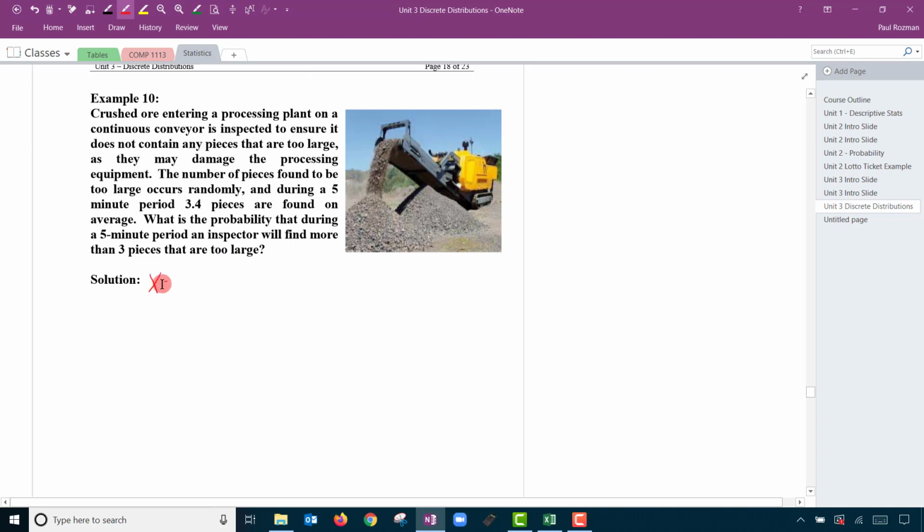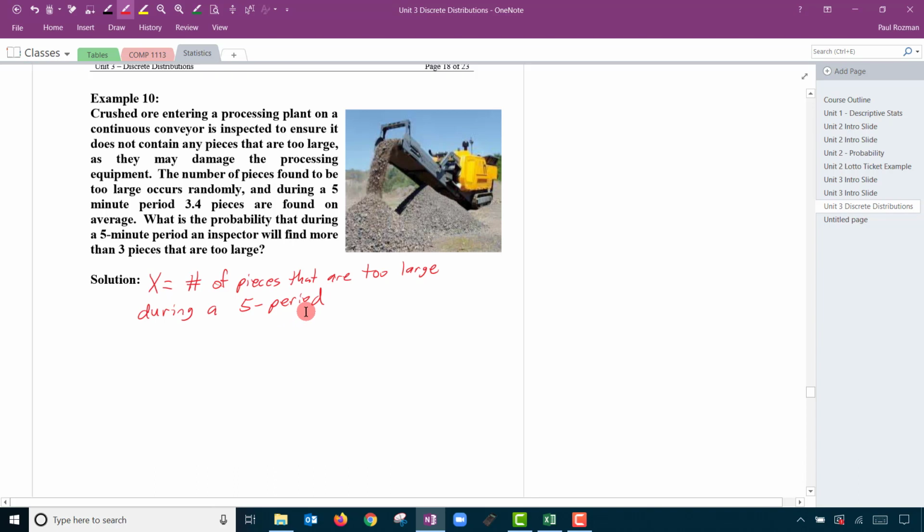Let's define a variable. X is the number of pieces that are too large during a 5-minute period. So we have an interval.